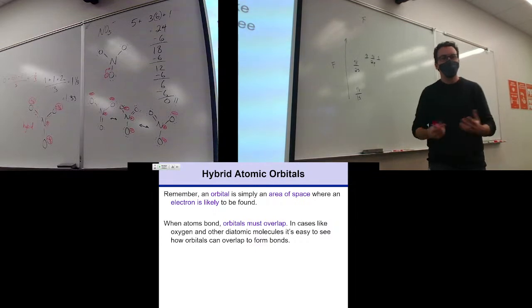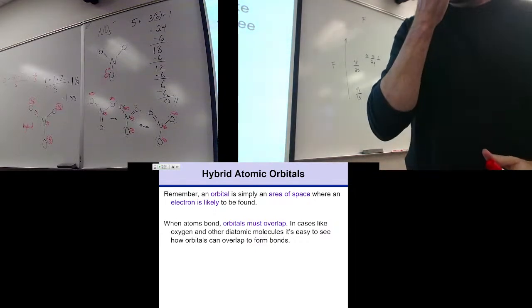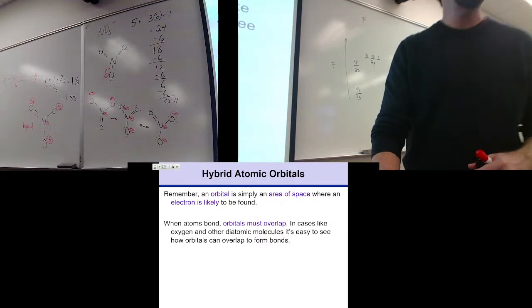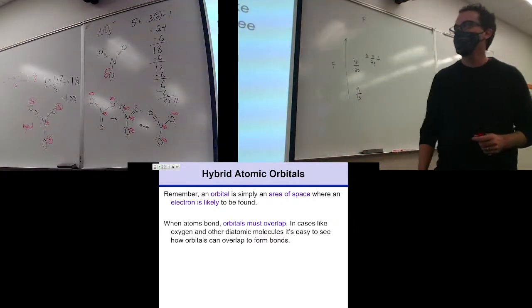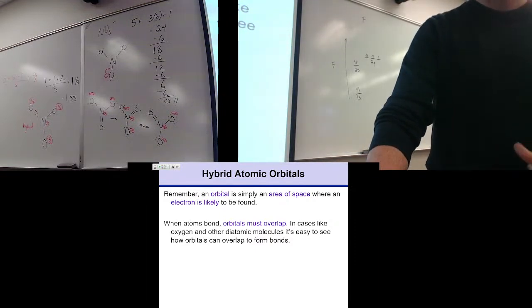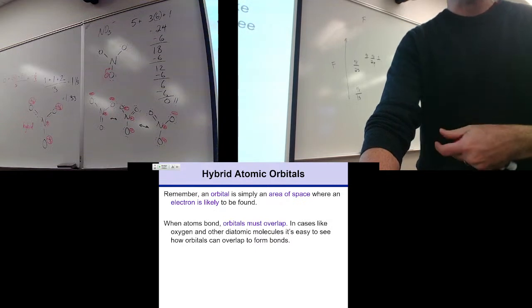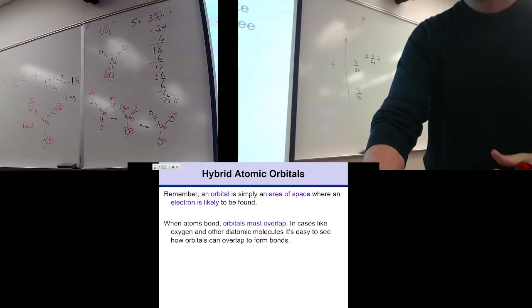They're just mathematical equations. And since they're mathematical equations, we can manipulate them. We can do some interesting stuff with them. If you're taking any linear algebra, that's pretty much what is happening here. We're going to combine multiple equations, multiple orbitals, and make new orbitals out of them. We're going to make these hybrid orbitals.